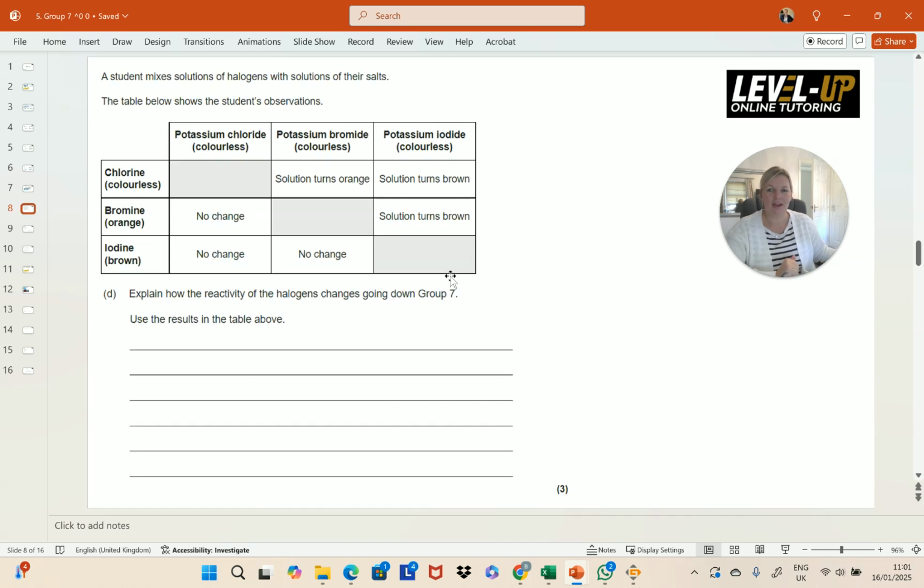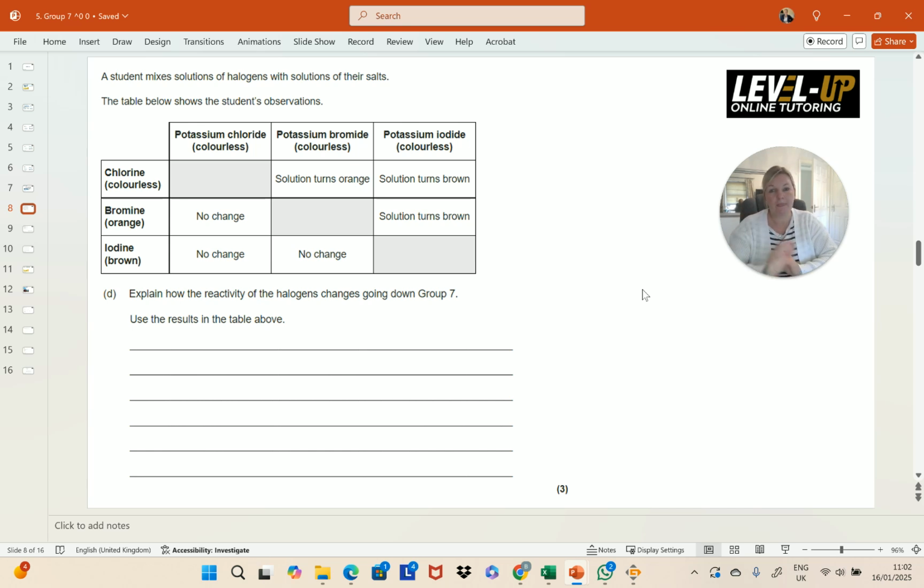Okay, right, so here's some typical exam questions then. So this looks quite a meaty question. It is a level 1 question, it is a lower level question, so whether you're doing higher or foundation, this is something that you are quite likely to see. And as I said to you earlier, what they've done here is they have put in whether there has been a change in colour or not.